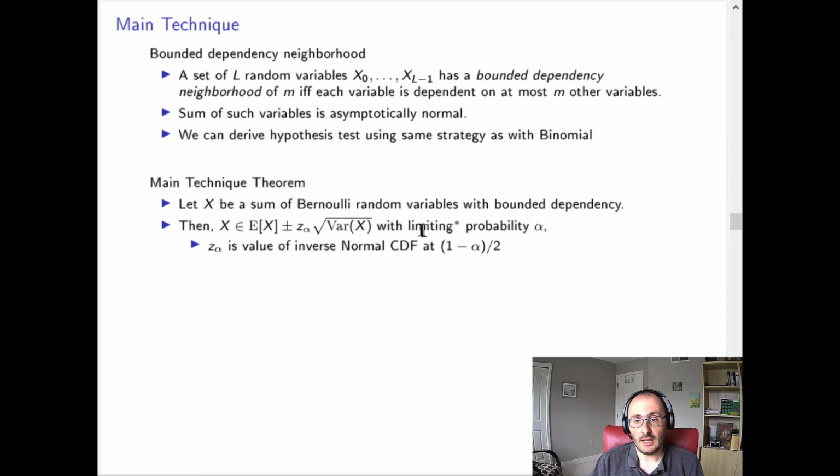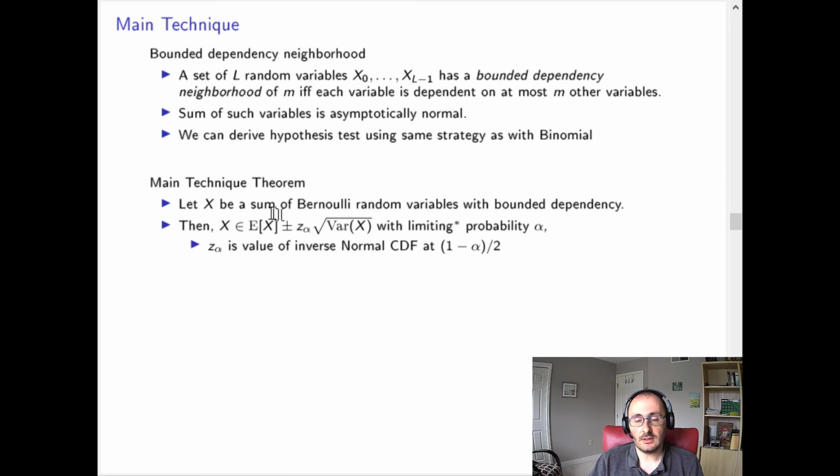So let me break that down. First, by limiting probability, I mean as L goes to infinity. And the star here indicates that there are some other smaller assumptions that I make on the relation between L and K and R1. Now, this term is the square root of variance and the z-score, which is something that can be computed in any programming language or a table lookup.